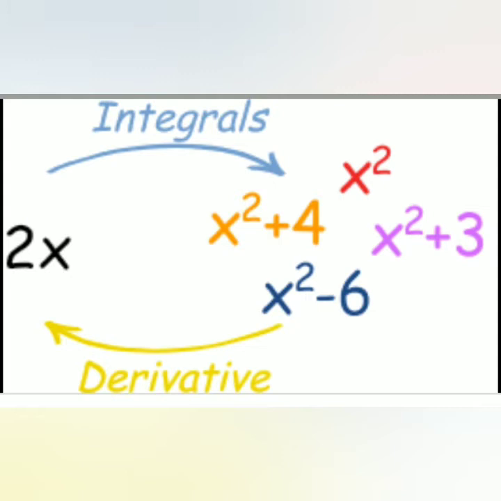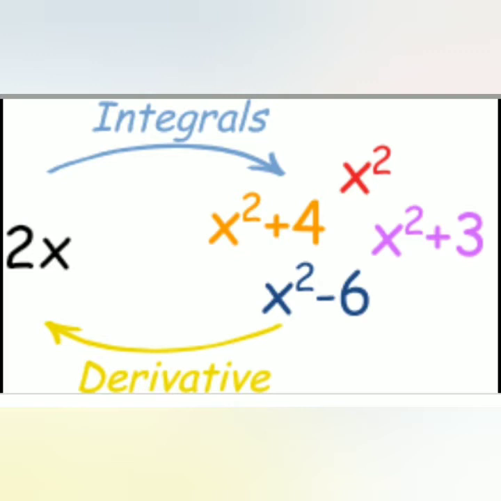Since integration and differentiation are reverse of each other, therefore x square plus 4, x square plus 3, x square minus 6 are all antiderivatives or integrals of 2x. Thus, if we integrate 2x, we can get x square.